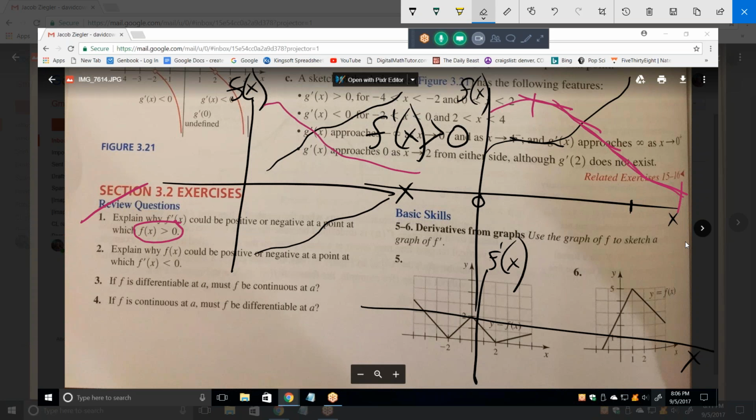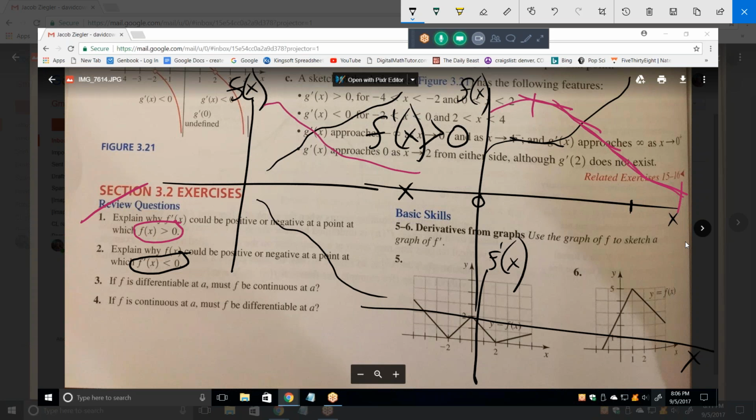Sorry, I didn't go in the order they were talking about. In other words, this is the requirement. The derivative has to be less than 0. So there's a function whose derivative is negative everywhere, and f of x is negative everywhere.